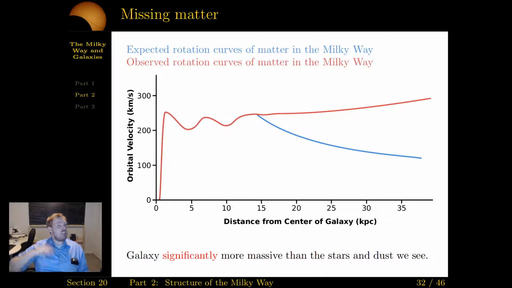I don't mean like 10% more. We're talking hundreds of percent. Way more mass is in the galaxy. And we just don't see it. By looking at the rate these arms are rotating, we're starting to see indications that there is matter out there that we have not found yet.